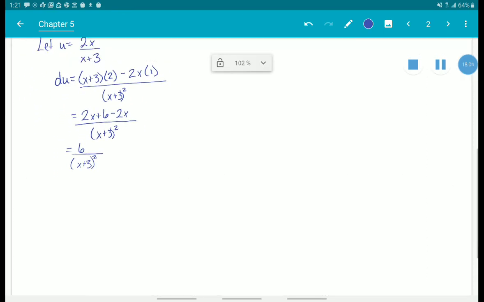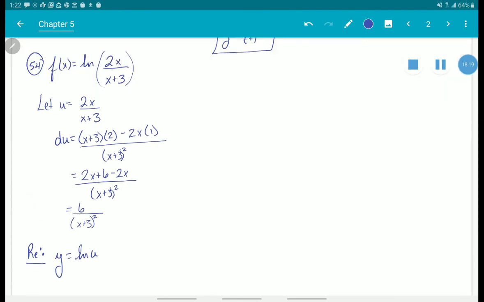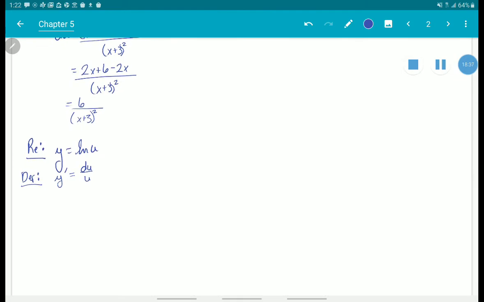So we have u, we have du. So now we're ready for our rewrite. So our rewrite would say y equals ln of u. We're just doing our substitution in for that piece. The derivative of y is y prime. The derivative of ln of u is du over u. And I'm going to write this just a little bit differently to make this a little bit easier.